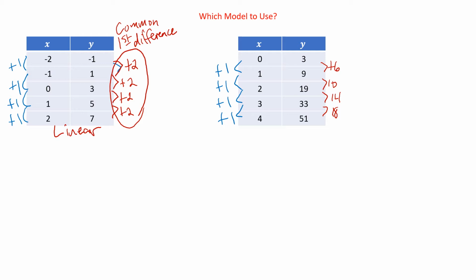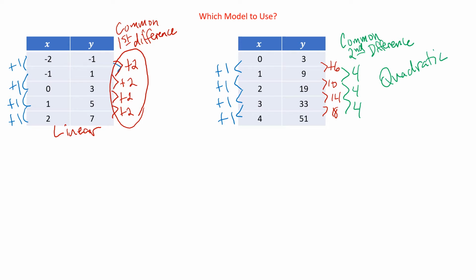The second differences are just the differences of the first differences. So 10 minus 6 is 4. 14 minus 10 is 4. 18 minus 14 is 4. This is going to be a common second difference. And what that tells us is this is quadratic.